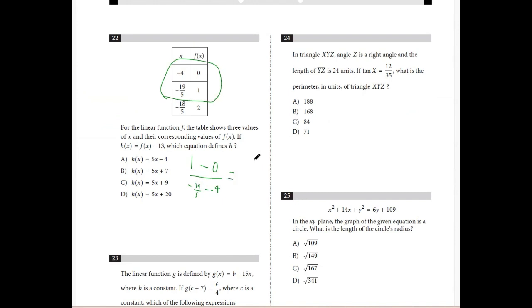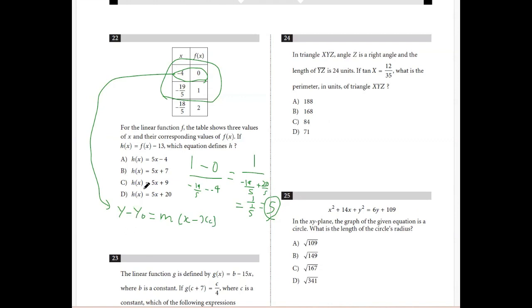Is equal to 1 over minus 19 over 5 plus 5. And I'm going to put these 2 points into my linear function equation here. So y is equal to 5.